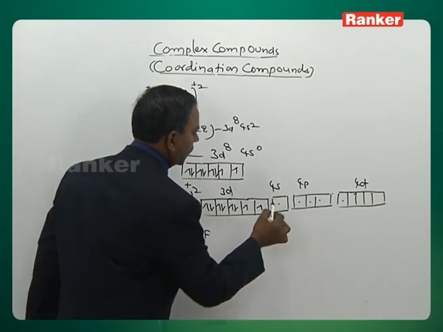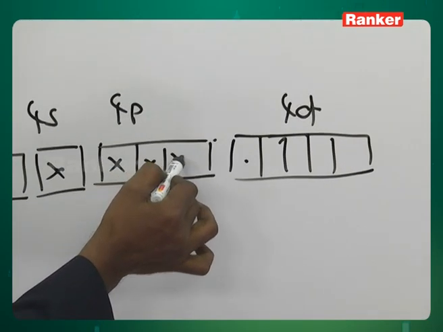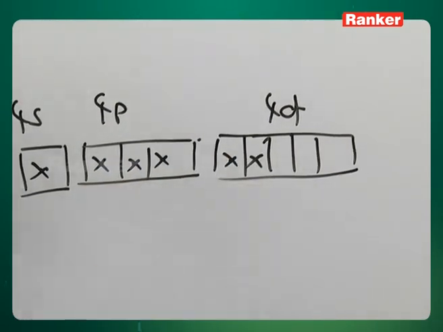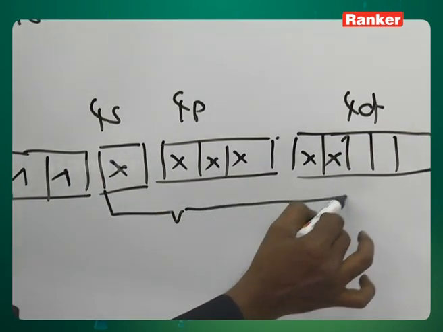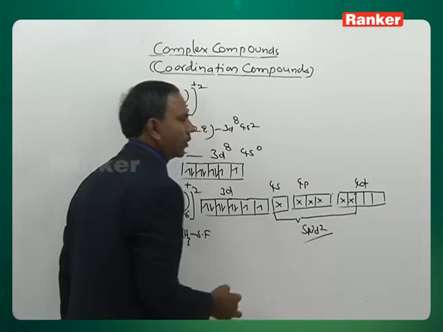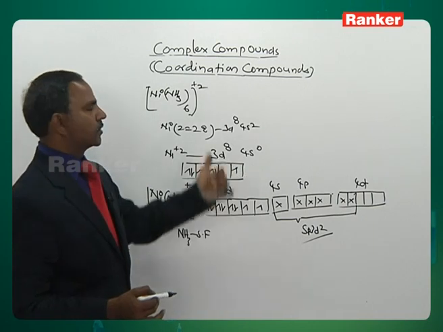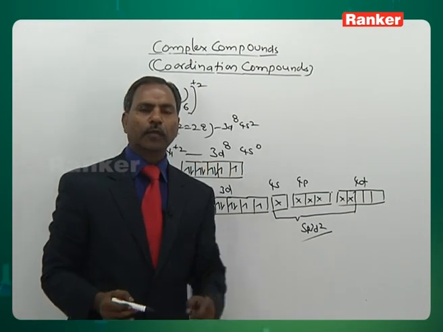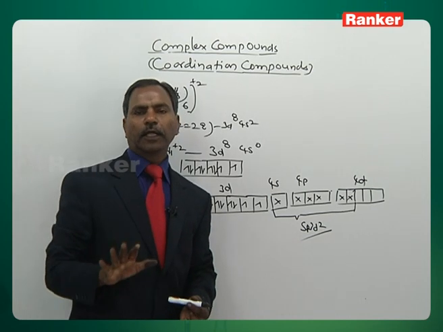They are forming an outer orbital complex, using 1, 2, 3, 4, 5, 6 orbitals. Then the hybridization you are getting is sp3d2. Because if the electrons got paired, only 1 orbital would become vacant, which is not enough for hybridization or bonding.